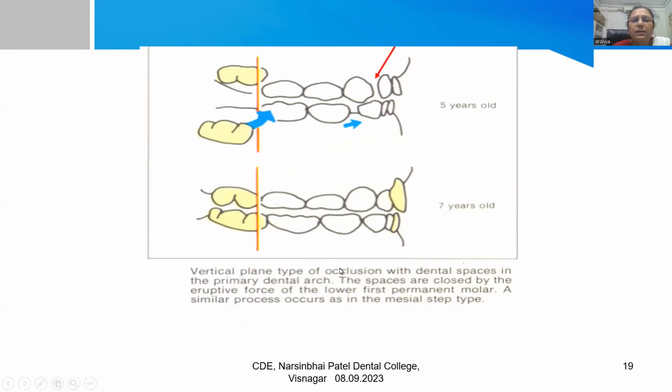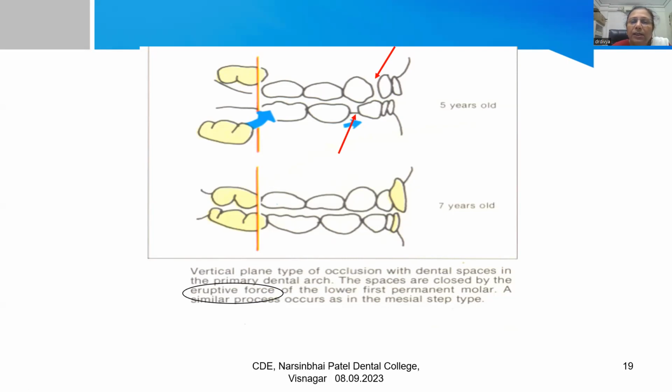The importance of primate space is very much for the space supervision cases. I will be explaining later in the further slides.